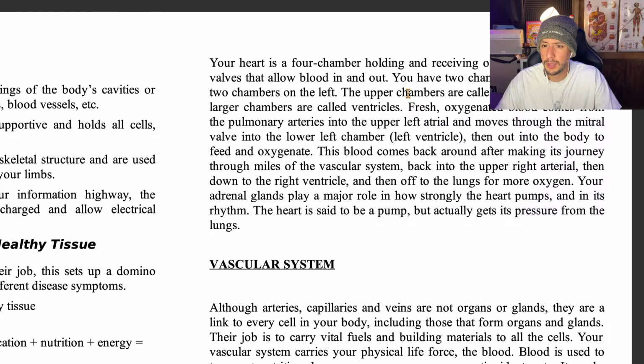So let's go over this again real quick, just to make sure we cover the ground. You have 2 chambers, one on the right, one on the left. The upper chambers are called atria, and the lower ones are called ventricles. Fresh oxygenated blood comes from the pulmonary arteries.